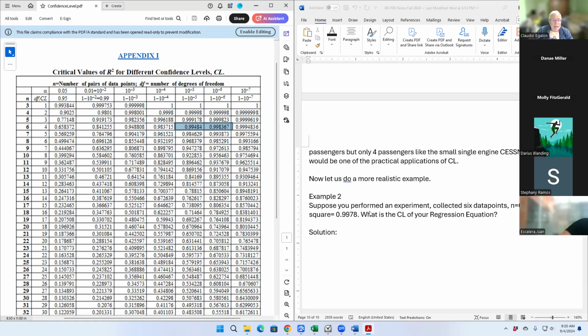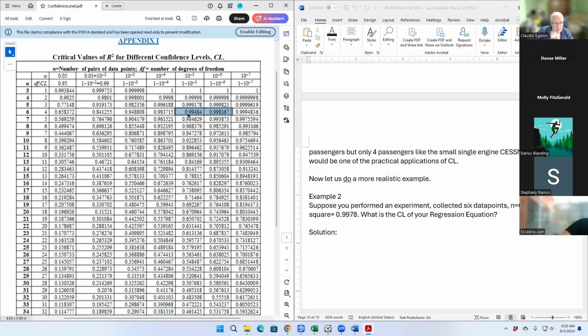Like I said, this is a more real life type of example. It would be very unlikely for you to have an R square value exactly equal to the critical values in this table. But you can see that it's anywhere between those 2 values. 0.9978 is less than this value, but more than this value here. So the confidence level of your data points is somewhere between those 2 values.